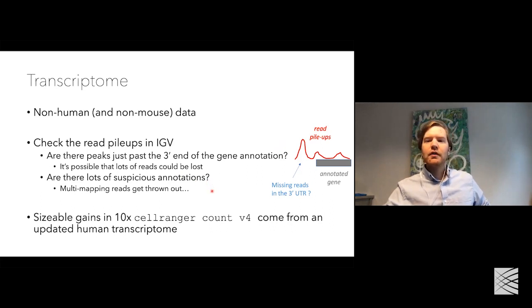If you're working with something where the transcriptome or the reference genome is in bad shape, and there are lots of contigs, you want to make sure there isn't redundancy, because if reads can multi-map to different places in the genome, a lot of times those reads get thrown out, and you can lose a lot of data that way. But this is mostly an aside about non-human work. Also anecdotally about the transcriptome, a lot of the gains in Cell Ranger software version 4 come from updates to the human transcriptome that are along these lines to try to get more reads, and they do indeed get more reads aligning.